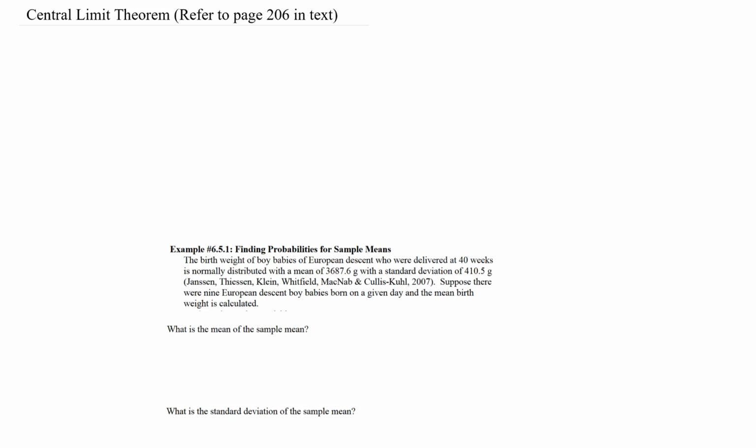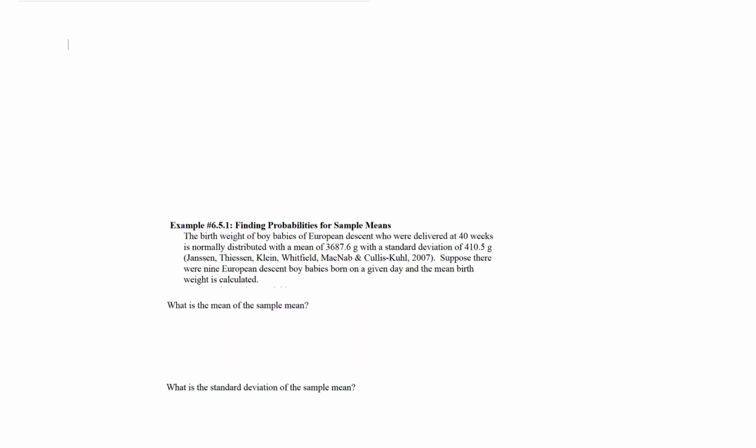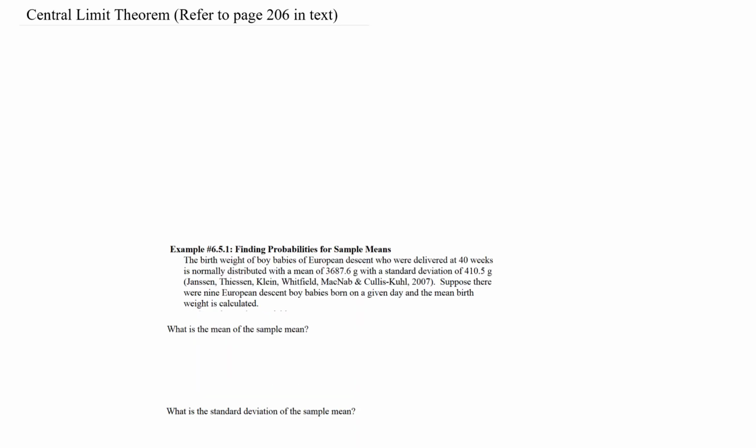Okay, so first, let me draw you a little diagram to try to explain what you're actually doing with central limit theorem, which I normally just abbreviate with CLT. Central limit theorem is used whenever you have a sampling distribution.